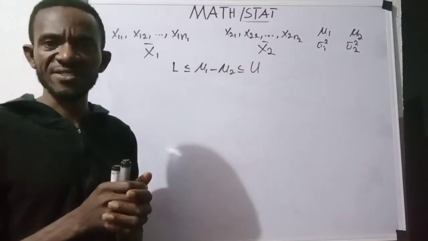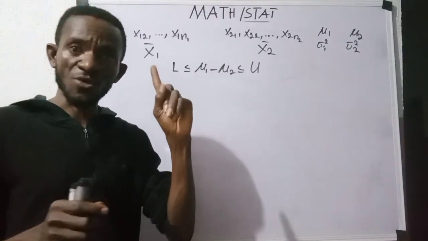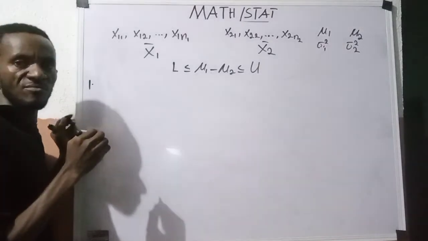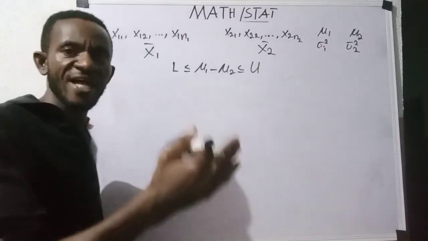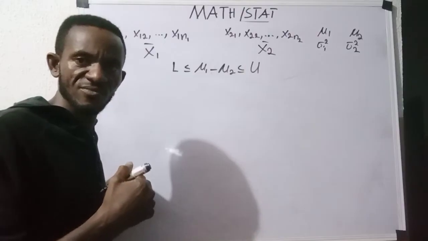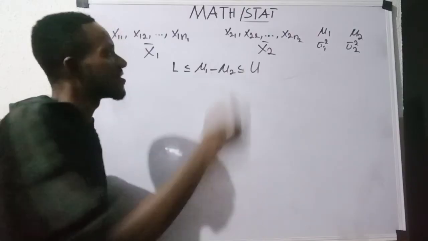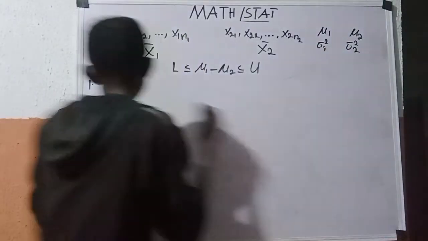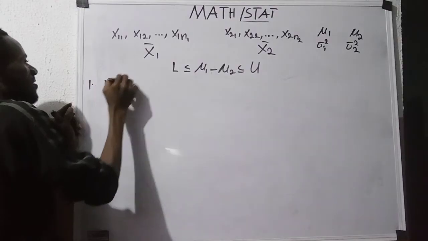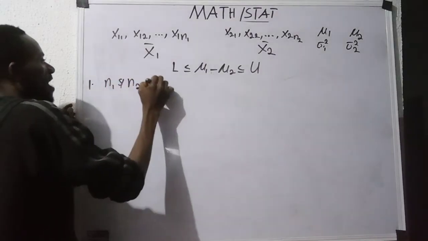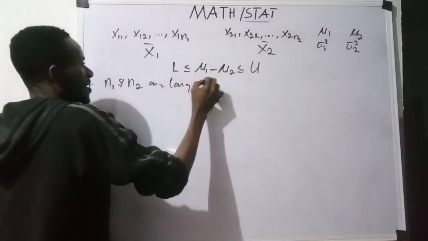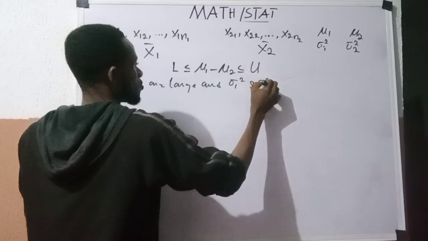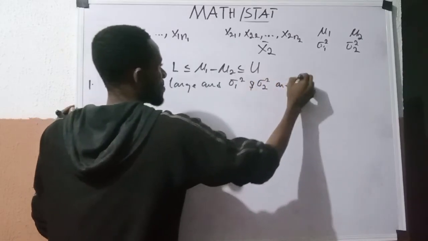What do I do in this case? We are going to do it under conditions as well. Condition number one is when our sample sizes are large, that is, when n1 and n2 are large, and the population variances sigma 1 squared and sigma 2 squared are known.